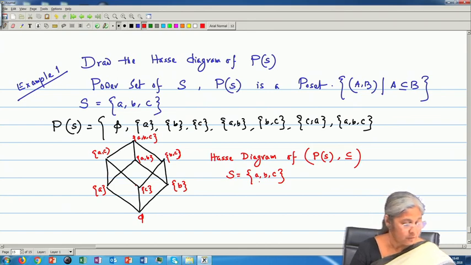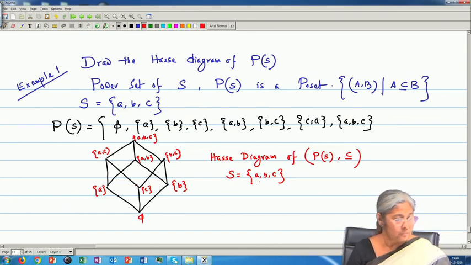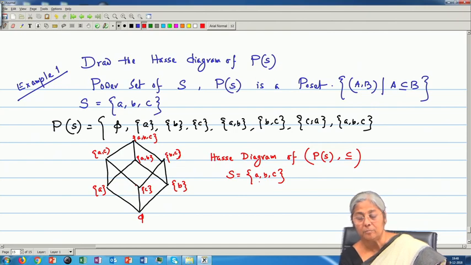For this type of diagram, since it is in an upward or downward direction, we omit or delete the arrows.